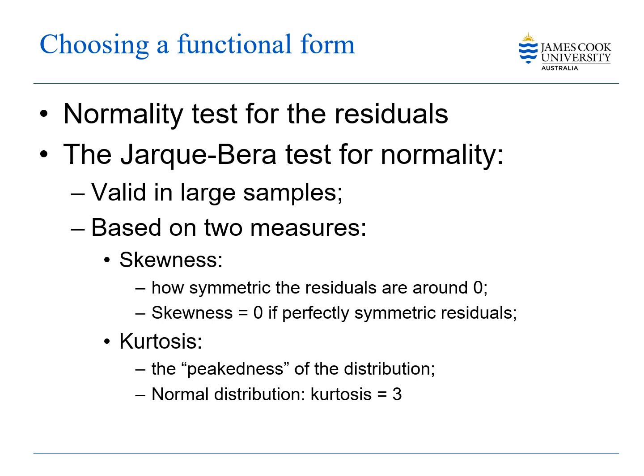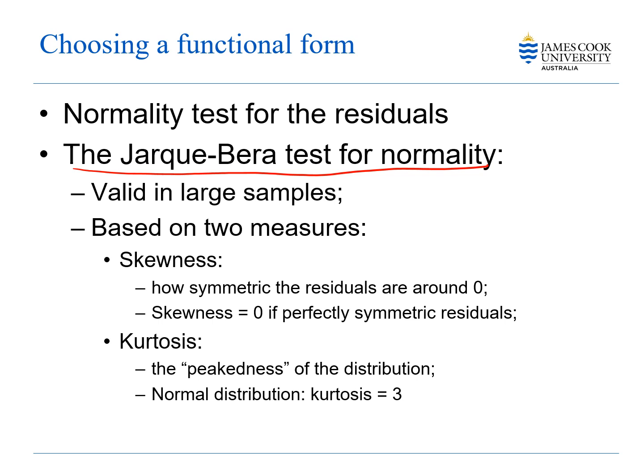To test normality, there are quite a few normality tests for residuals. The one we can use is the Jarque-Bera test for normality. It is valid in large samples, so we need the sample size to be large, and it's based on two measures. First is skewness, which captures how symmetric the residuals are around zero. If skewness is zero, then the residuals are perfectly symmetric. So if our residuals are normally distributed, then the skewness will be zero.